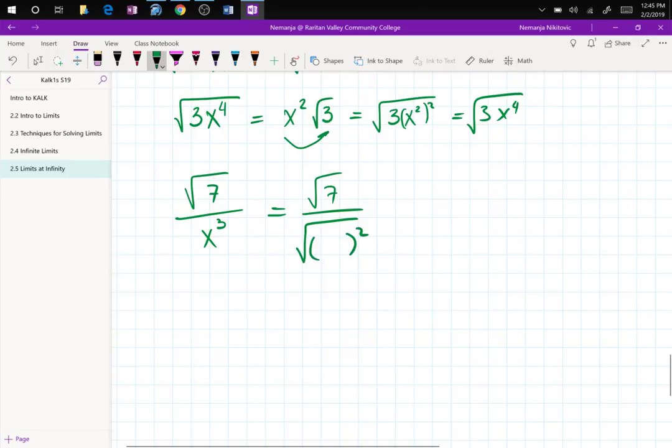Would you agree that those cancel? And you just apply that to x cubed. So now you see that it's root 7 over root x to the 6. And then another algebra rule tells me that I can combine everything under the same root. So you see that x cubed, which was not under the root, picked up the 6th exponent, and now it is.